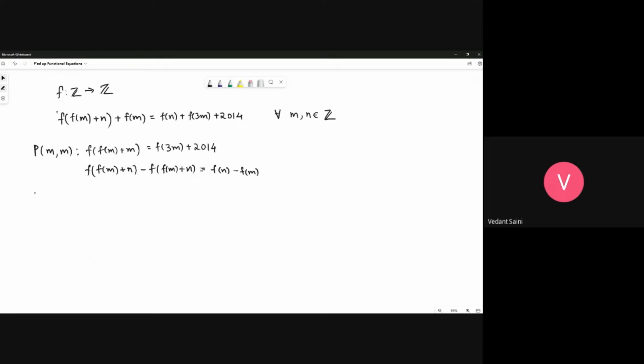So putting zero is a standard thing in functional equations. Putting n equals zero, it seems like a good choice because you get, sorry, I meant to put n equals zero. Yeah, we'll just write this too.